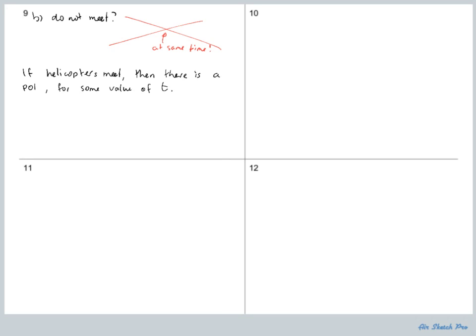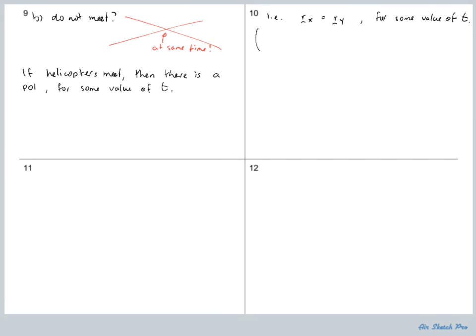So what am I saying? I am saying, i.e. Rx, so the R vector for the X helicopter must equal the R vector for the Y helicopter for some value of t. Alrighty, so let's set them equal to each other.